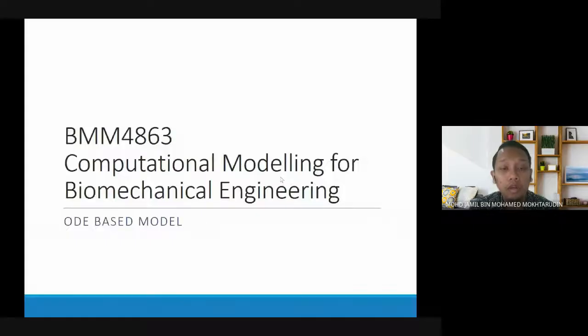Okay, so we continue with our lectures with a new topic. Today we are going to look at how to use Matlab on solving ODE based model. ODE, as you all know, is ordinary differential equations, one of the mathematics subjects that you have taken maybe during your first or second year.